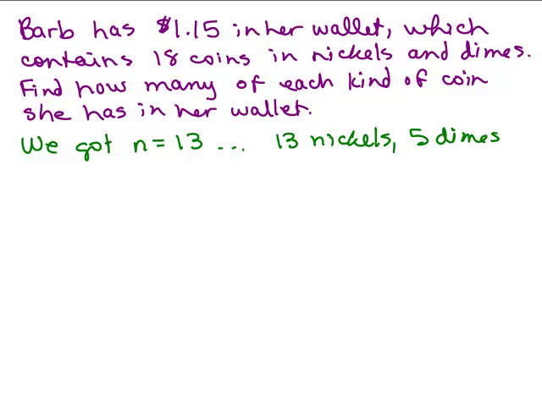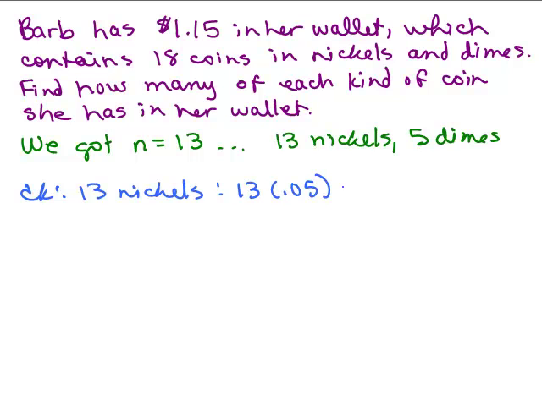So here's the original problem, that she had $1.15 in her wallet, which contained 18 coins. And remember, we solved and we got n was 13, so that was the number of nickels, 13 nickels. And if she had 18 coins, then that means she had 5 dimes. Now we got to check and make sure this makes sense. If you had 13 nickels, what would that be worth? Well, each one is worth 5 cents, right?